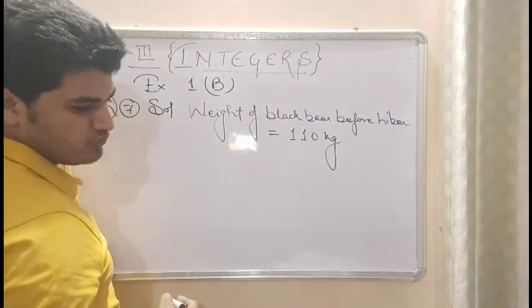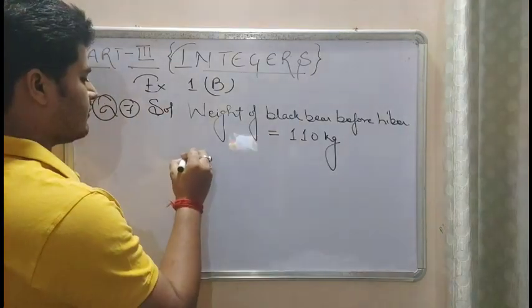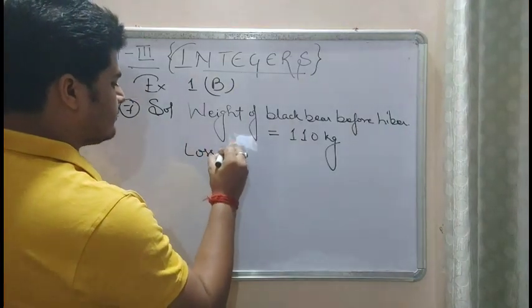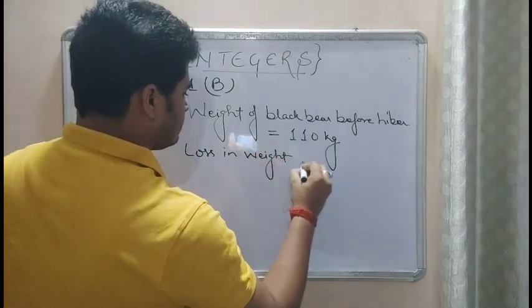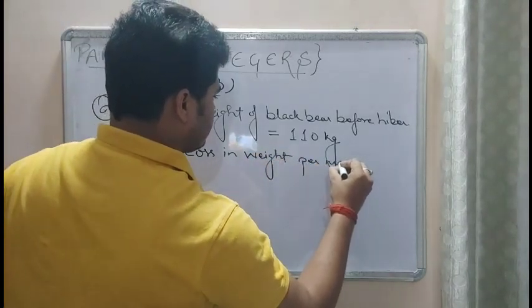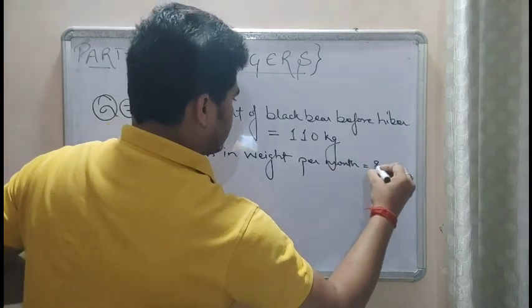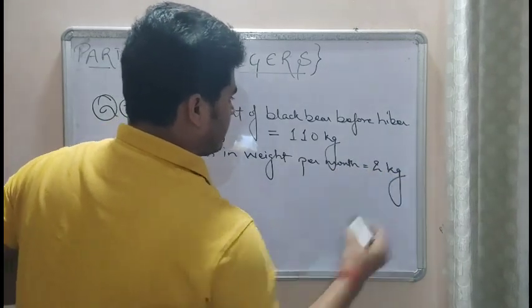Then she loses 2 kg per month. So the loss in weight per month is 2 kg.